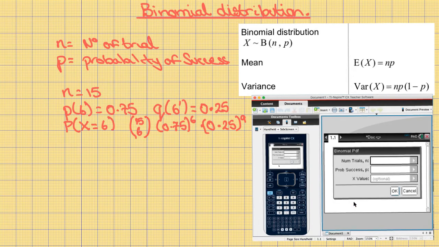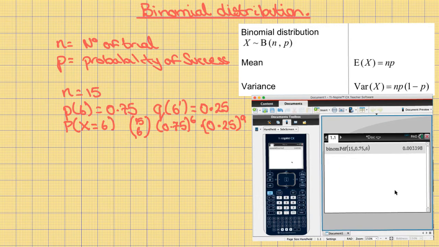So in this case, the number of trials was 15. The probability of success was 0.75. We want 6 of them. Okay, so the probability of getting exactly 6 sixes, if a die is rolled 15 times, with the probability of getting a 6 of 0.75, has a probability of 0.3%.